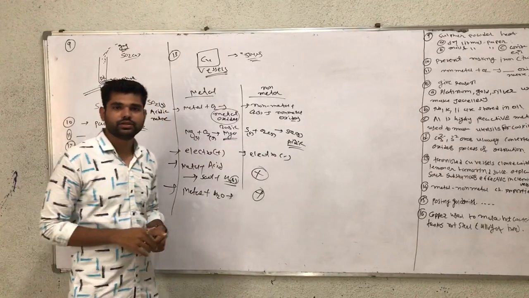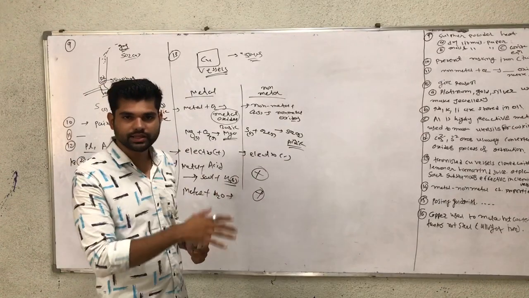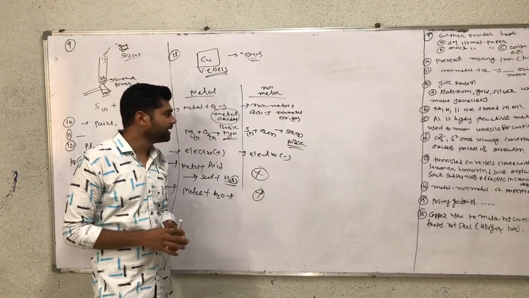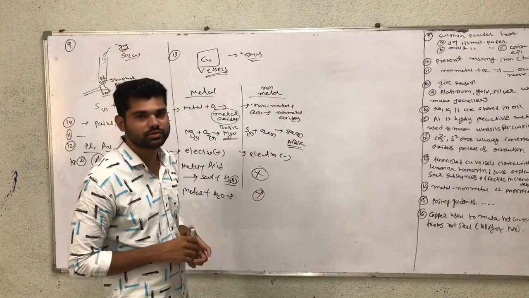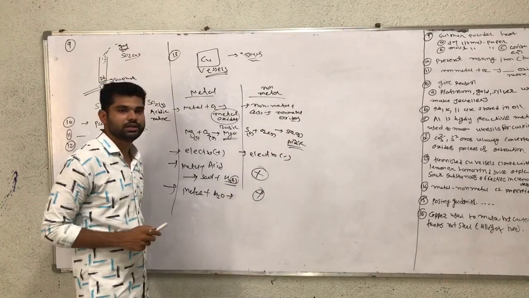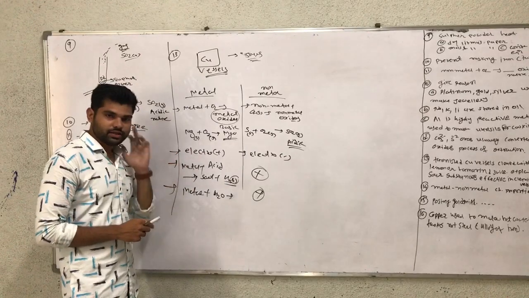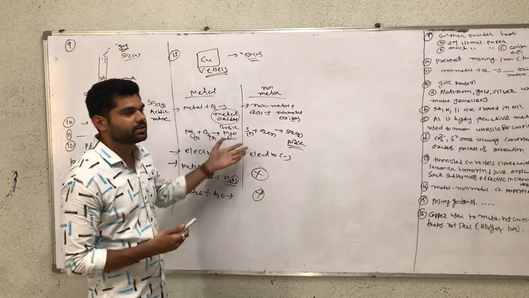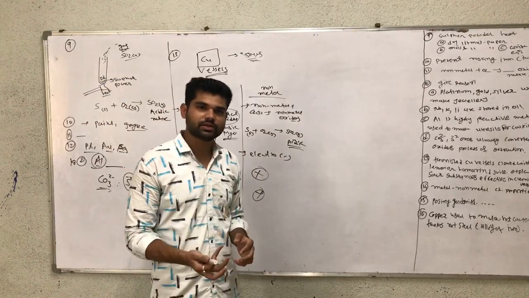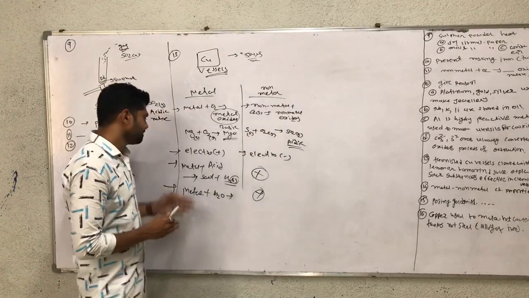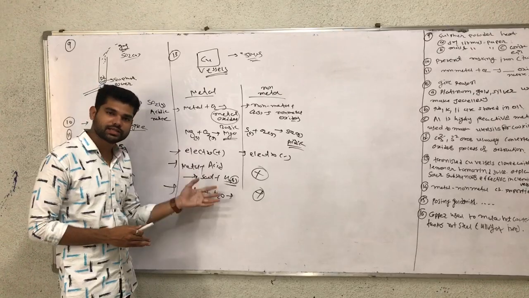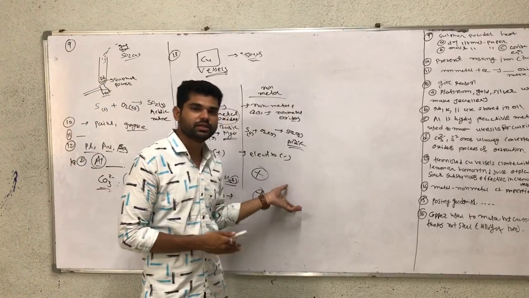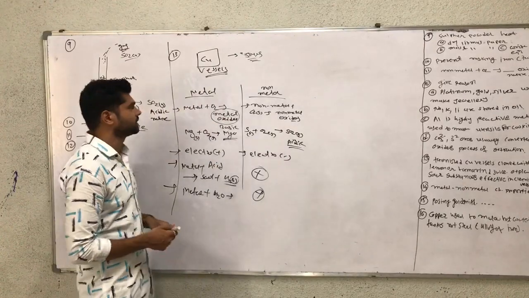There are also neutral non-metal oxides, but in this lesson we do not study neutral non-metal oxides, only acidic non-metal oxides. Next, metal donates electrons, so it has electropositive properties. In a similar way, non-metal accepts electrons, therefore electronegative property. Now metal reacts with acid as well as water. Non-metal does not react with acid and water.